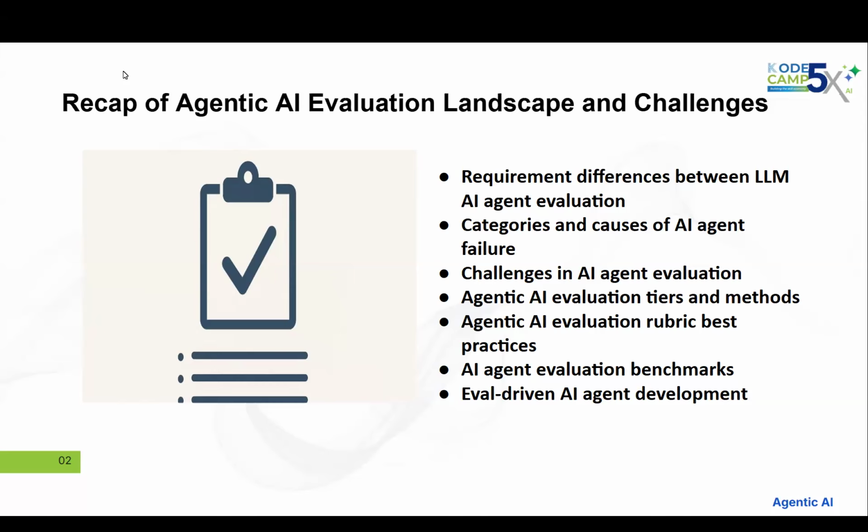But when you're talking about failure, we hadn't gotten to LLM as a judge. We talked about failure categories, including reasoning failures, action failures, and environment failures. And we talked about the different causes of these failures, including environment brittleness, infinite loops, context drift, and tool use gap, I think.